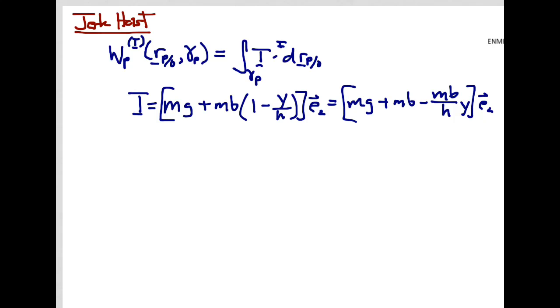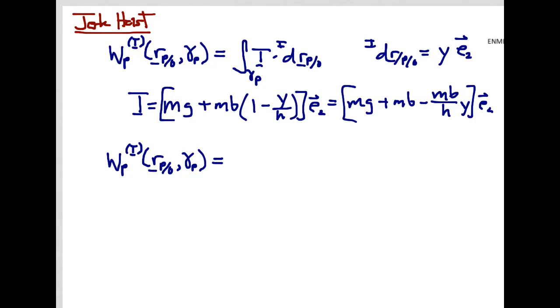And then our dr P with respect to O, as observed in the inertial reference frame, is equal to dy, which is our change in position in the E2 direction. So the fact that we know our force completely throughout the entire range of motion, and that our incremental position is very easy, allows us to make this calculation. So let's make it.